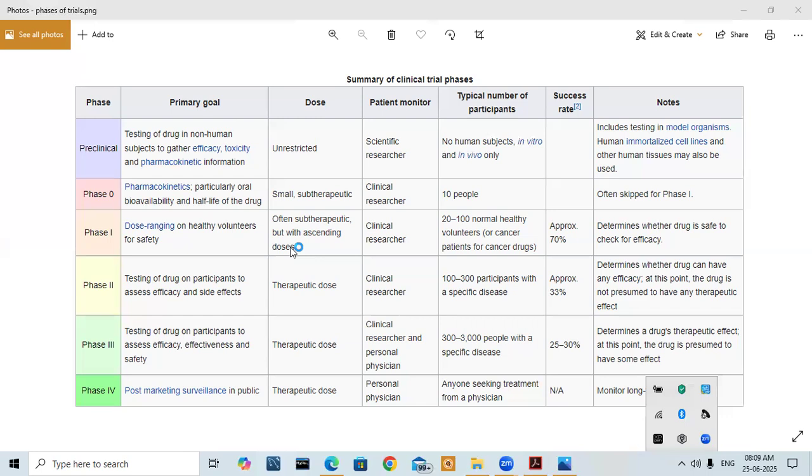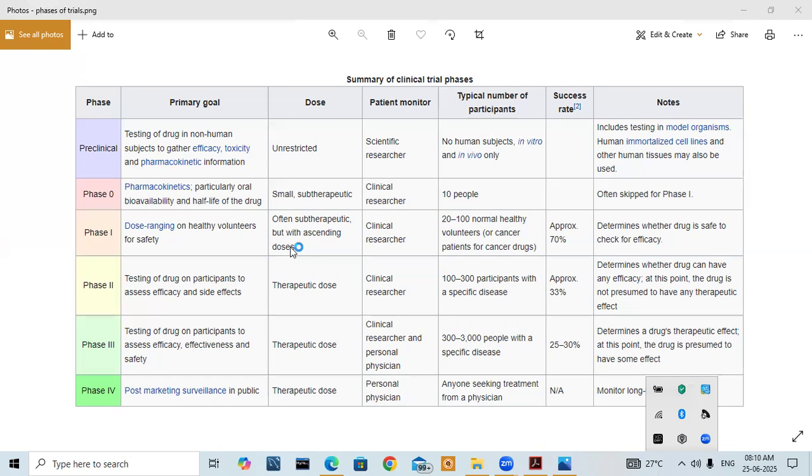See, paracetamol is a very common drug. Most people, even small infants, kids and children, use paracetamol. But that also has some limit. Paracetamol has to be given within a safety limit. Beyond that safety limit, even paracetamol will become poison. 1000 milligram is the maximum dose which can be given.